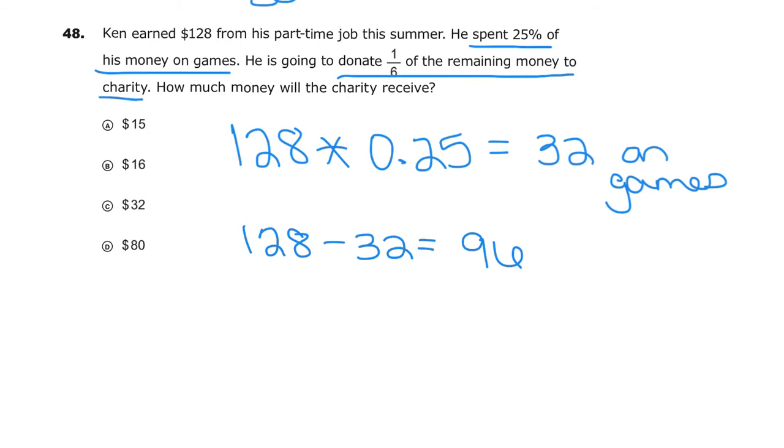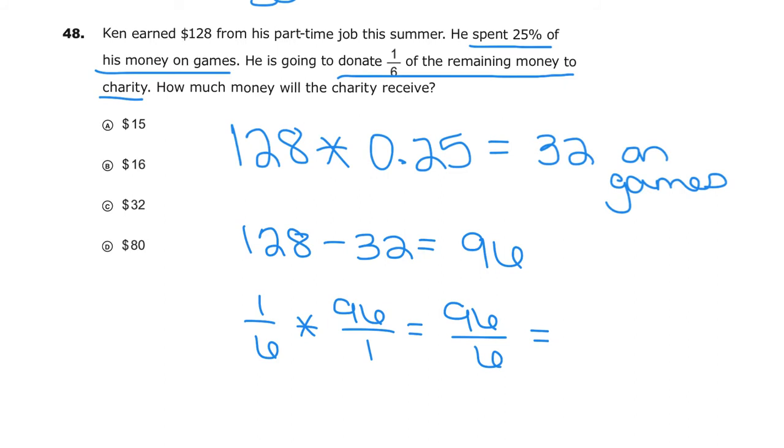The next part of the question says he's going to donate 1/6 of the remaining money to charity. So we need to find 1/6 of the $96. So 1/6. What does "of" mean? Of means multiply. So 1/6 of your 96 turns into 96 over 6.